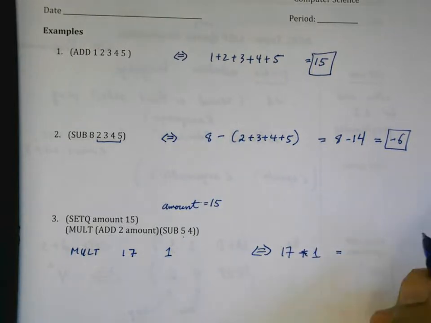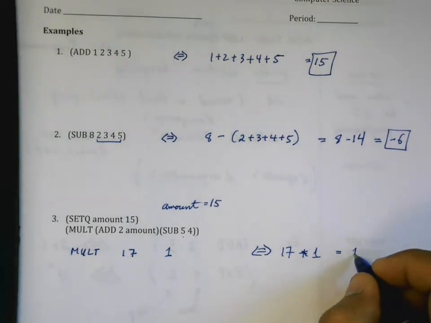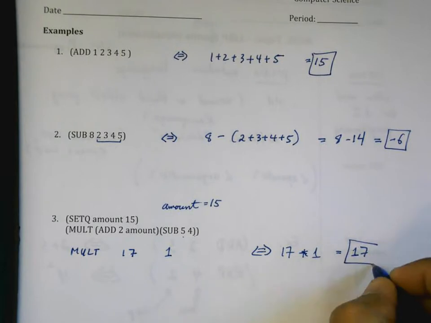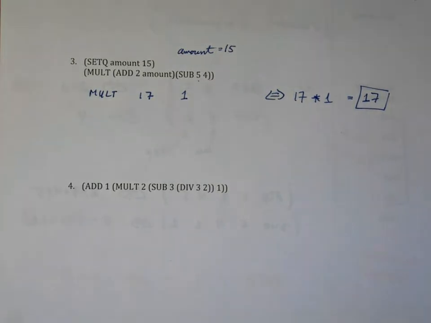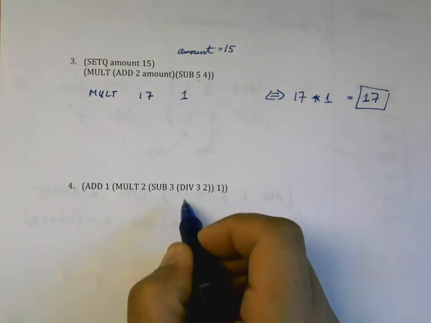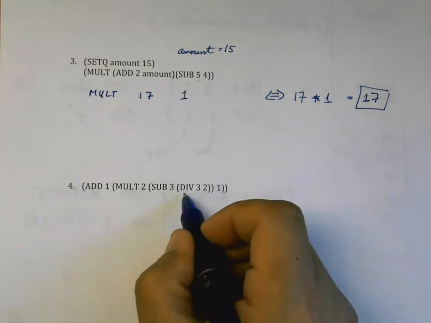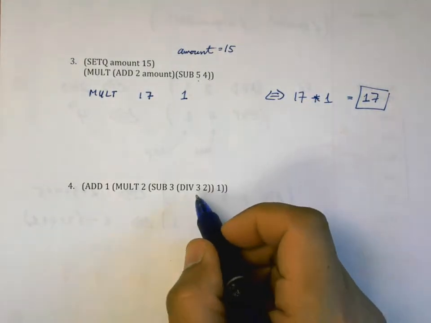Finally, a slightly more complicated example. I'm going to do the same thing as before, which is go into the innermost parentheses and work from there. This is saying divide 3 by 2, and we are performing integer division here, so this gives me 1. I'm going to continue writing the rest of this out.